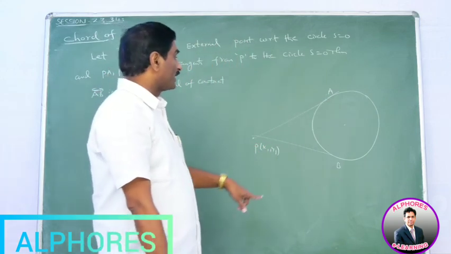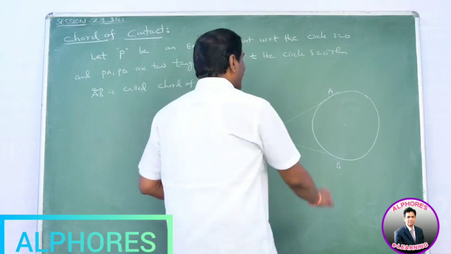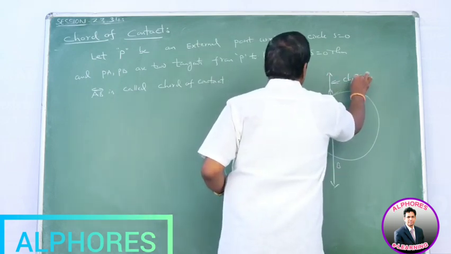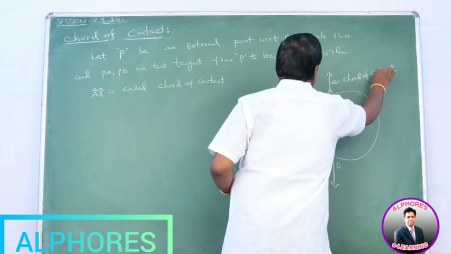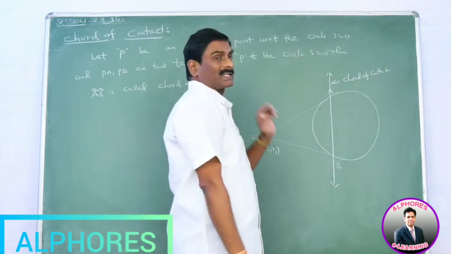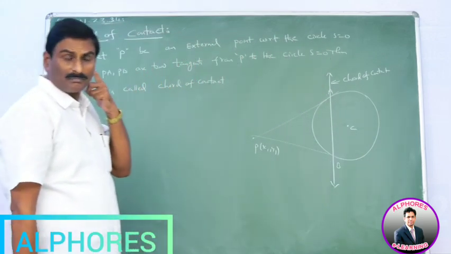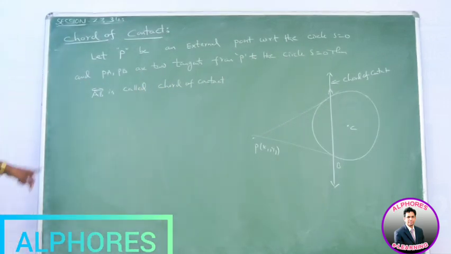Then the line joining A and B, that means the secant line passing through AB, is said to be the chord of contact of P with respect to the circle S is equal to 0. Please note this point.